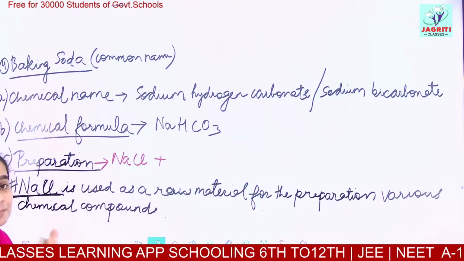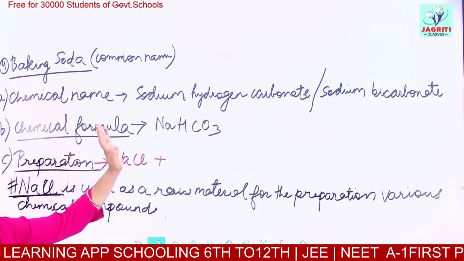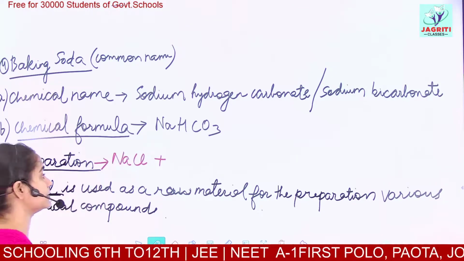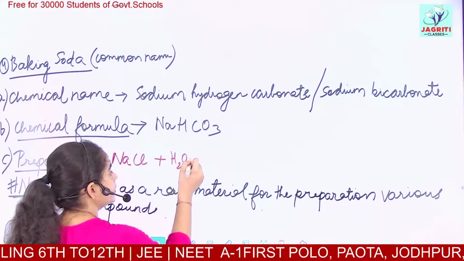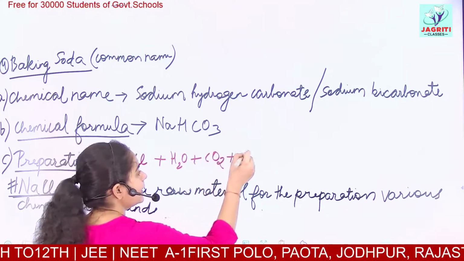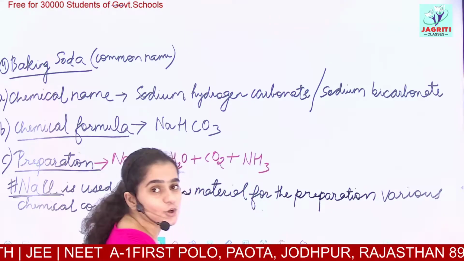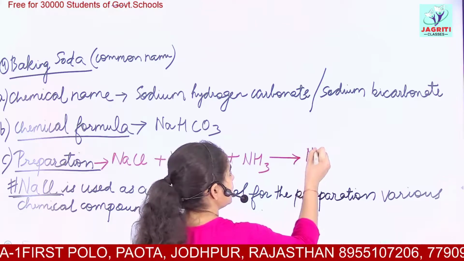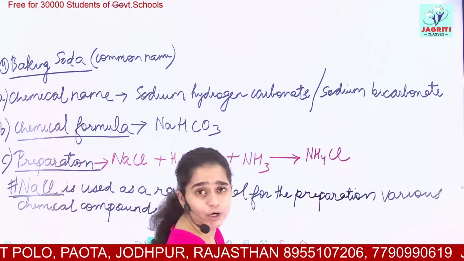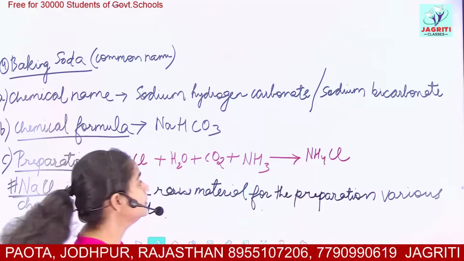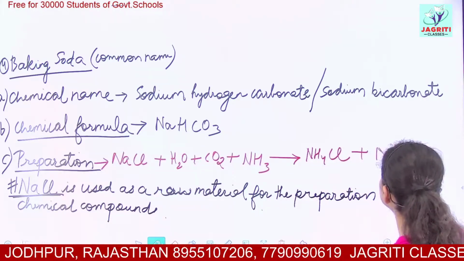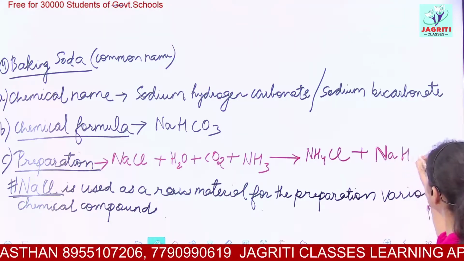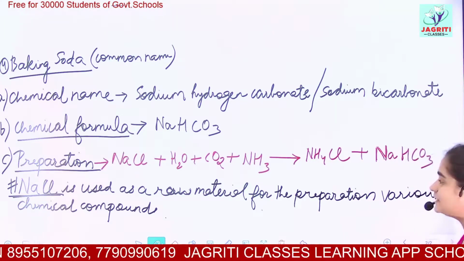Remember, the preparation method of baking soda is to take the reactant NaCl and add three more things: water, CO2 and ammonia. On reaction of all these, we obtain NH4Cl as our salt, and the next major product is sodium hydrogen carbonate, NaHCO3.